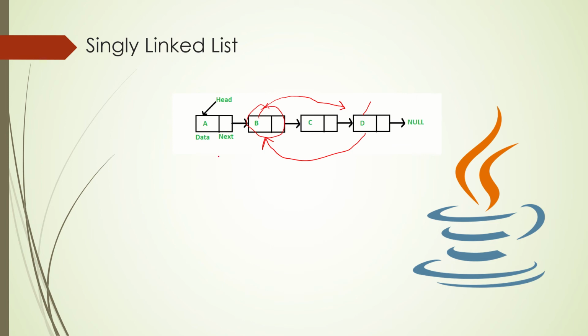The previous node is a, and next we refer to this one, and at the same time we need to find the previous of this other node. Here it is c, so we set its next to b, and b will be here.